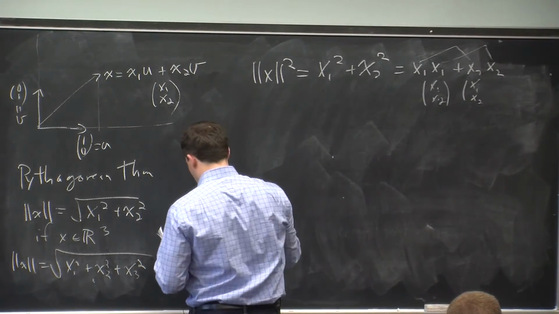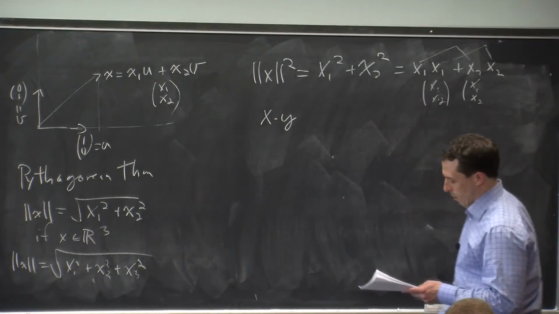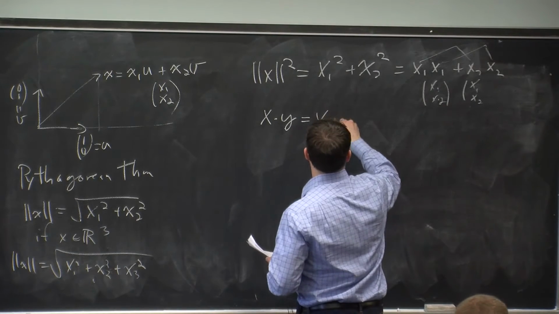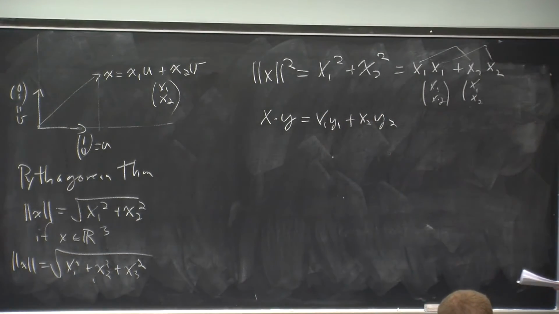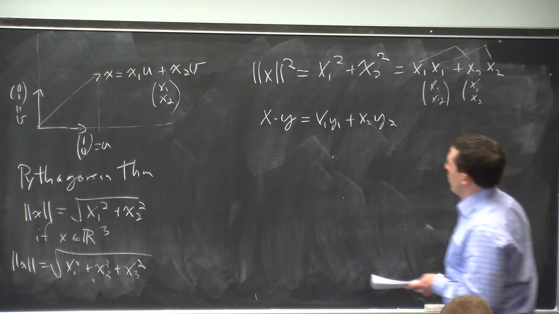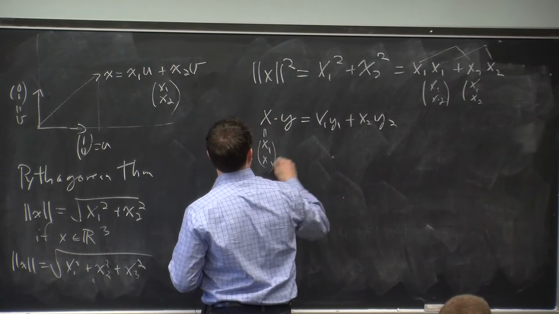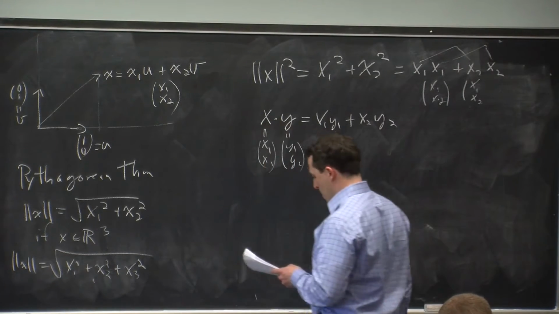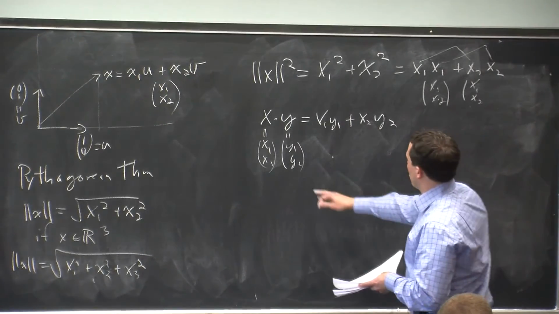So here, what we have is what's called a dot product, x dot y. x dot y is x1 y1 plus x2 y2. And we've just plugged in the same vector on either side of the dot product. So choosing a basis defines a dot product. And this has what we want in terms of linearity.